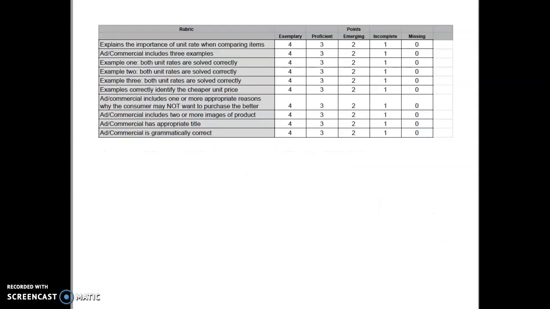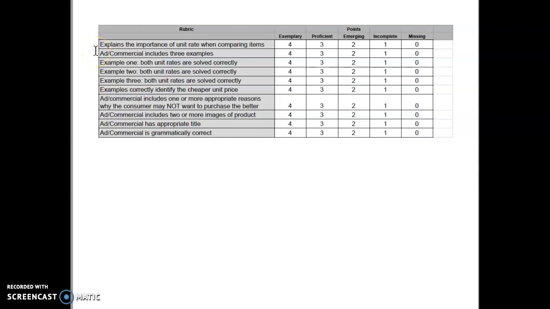Let's look at your Best Buy rubric. All right, an exemplary rubric. Exemplary will get 4 points, proficient 3 points, emerging 2 points, incomplete 1 point, and missing 0 points. Number 1, explains the importance of unit rate when comparing items.